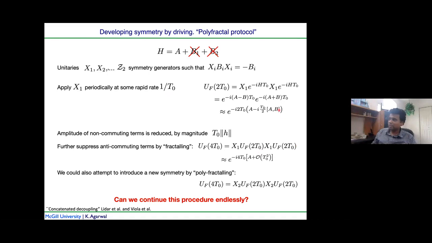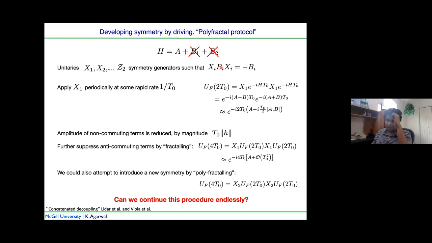If you put in the Floquet unitary at 2t0 the x1, you can convince yourself that the terms that don't commute with x1 become further suppressed to the square of t0 times H. In particular, you don't have to drive the system with just x1. You could drive it with another operation x2, which will reduce those terms B2 that you don't like by an order.